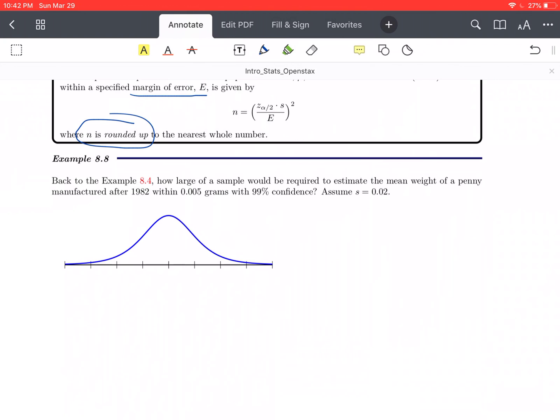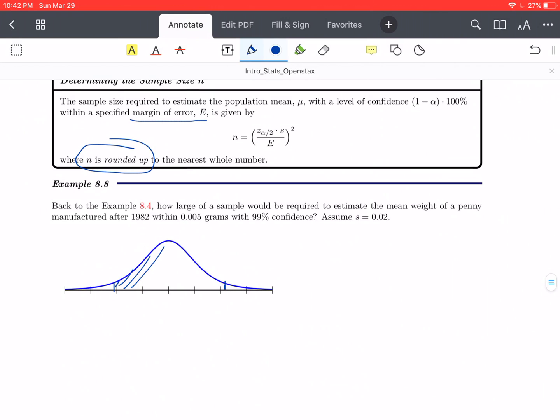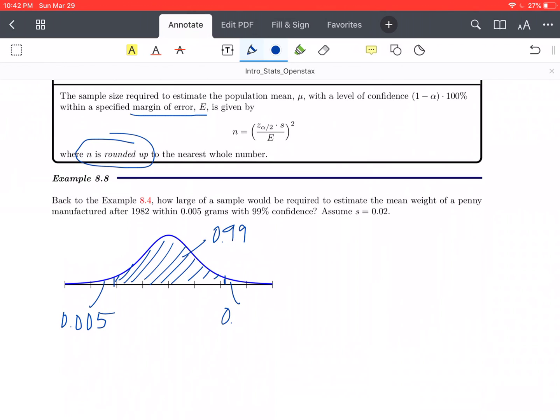So we're trying to find how many people, or how many pennies in this case, we need to evaluate in order to have 99% confidence. So that means in the tails here, that remaining 1% has to get split, so that's 0.005 in each tail.